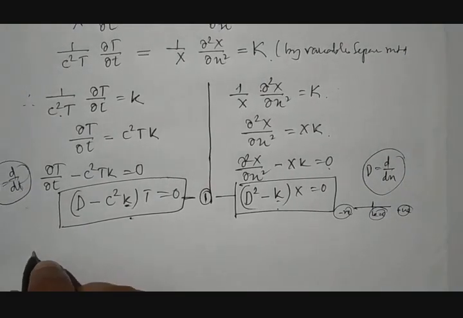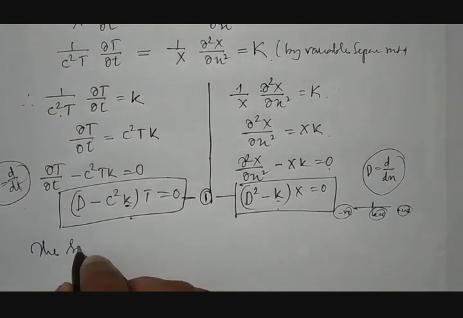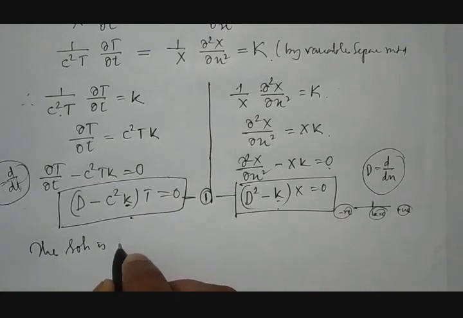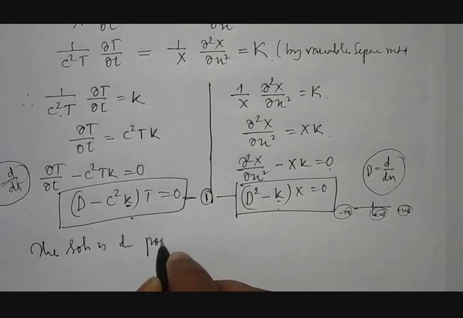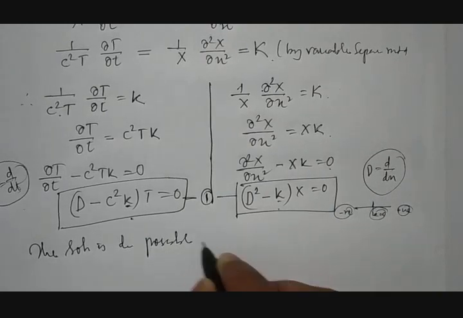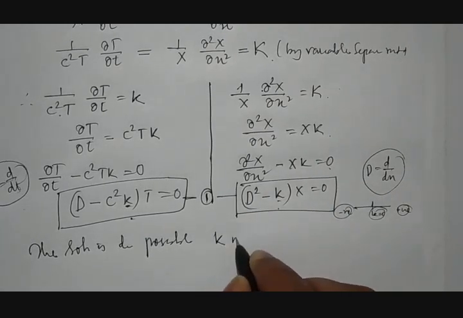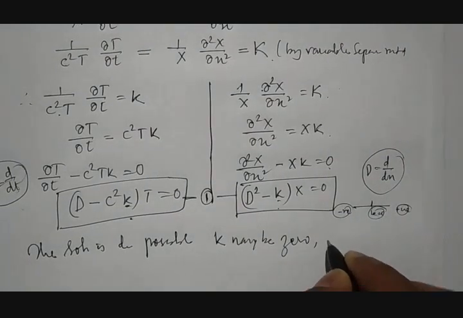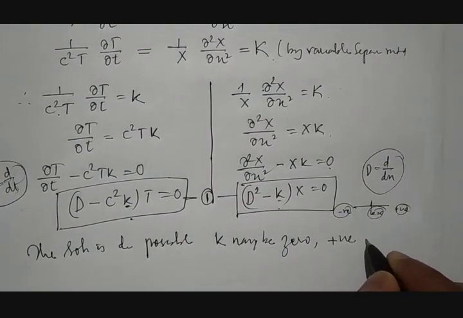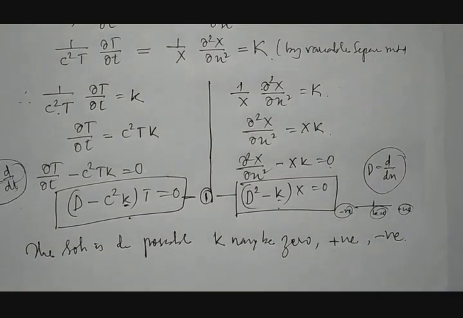Therefore, the solution is dependent on different possibilities. What are those possibilities? K may be 0, positive, or negative.